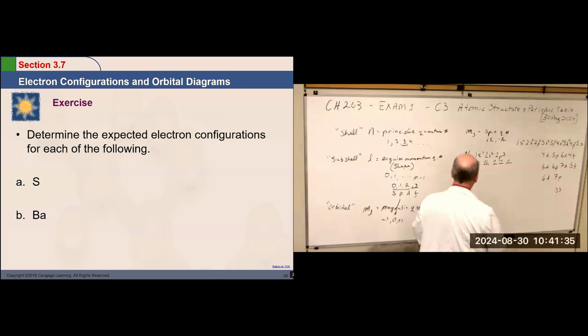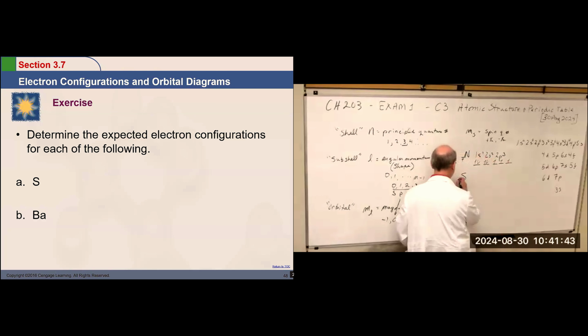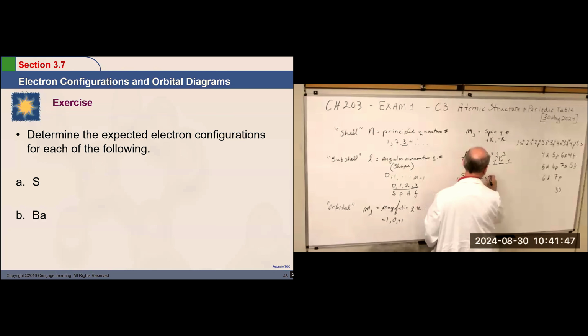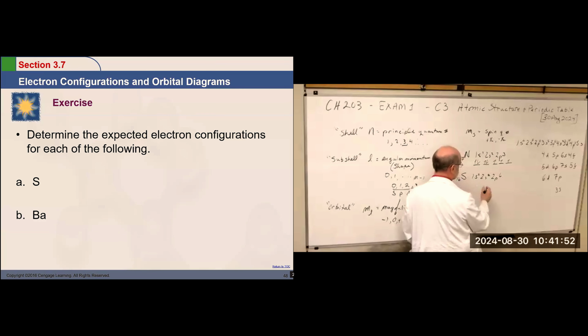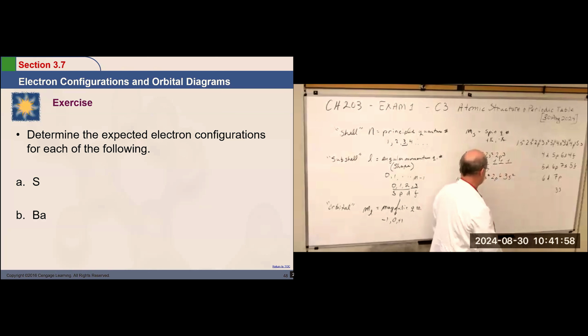How about sulfur? Let's see, let's find sulfur. Right under oxygen, 16. Okay. So this could have 1s2, 2s2, 2p6. That's 10. We got 6 more. Where do we go from here? 3s, 3s2. And then 3p what? Let's see, that's 10, 12.